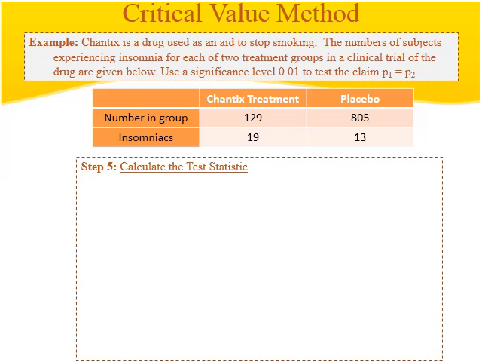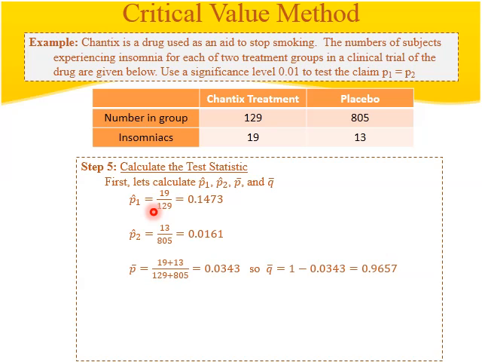So step 5, we're going to calculate the test statistic. Let's get P1 hat and P2 hat, and P bar and Q bar. So P1 hat we said was the treatment group, so this will be the 19 divided by the 129 people in the group. P2 hat then is the 13 in the placebo group who were insomniacs divided by the 805 people who were in the placebo group.